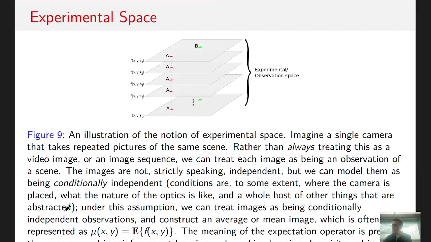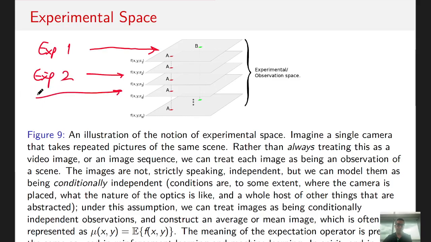Here, each of these images represents a different experiment. So this is experiment 1, this is experiment 2, this is experiment 3, and so on. In this case, I've got n experiments.